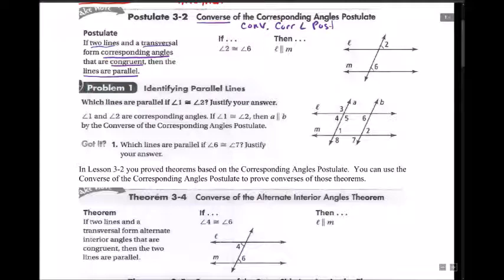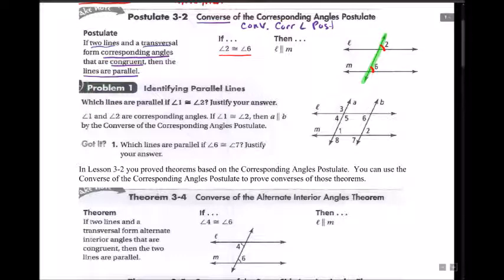So we see that we have two lines here, and we're going to mark our transversal. I like the transversal in green. And what we are given is that angle 2 is congruent to angle 6. So we are meeting our requirement that we have two lines cut by a transversal, and angle 2 and angle 6 are in corresponding positions and they are congruent.